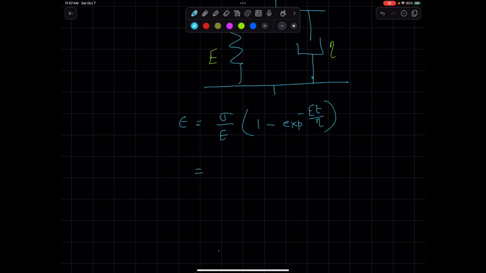Plugging in the values, sigma over E equals 10 to the power 7 dynes per centimeter square divided by 7.56 times 10 to the power 6 dynes per centimeter square, which is equal to 1.323.